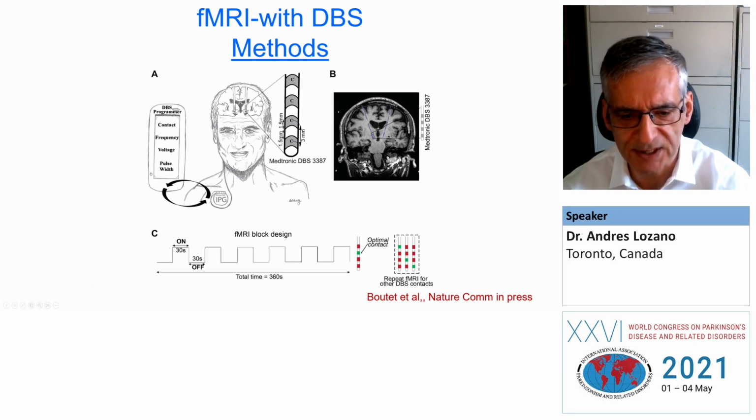This takes a total of 6 minutes. We then move to the next contact, which is non-optimal, and then to another one and another one. Altogether, we do 4 fMRI sequences, each at one of the contacts, and we look at what patterns are generated by the stimulation of each of these contacts.